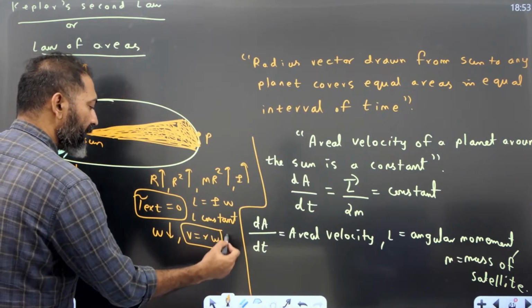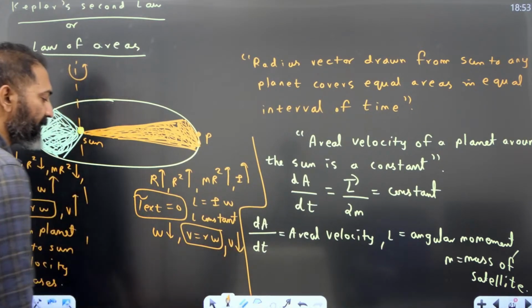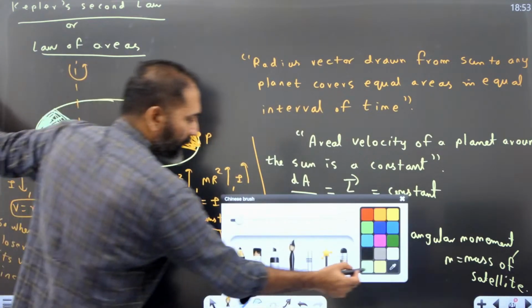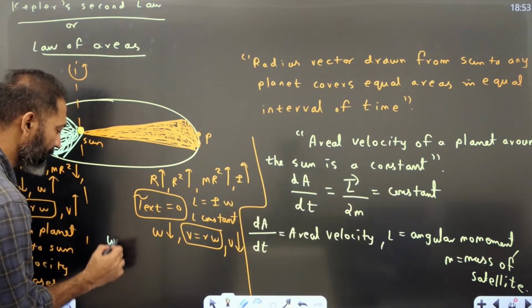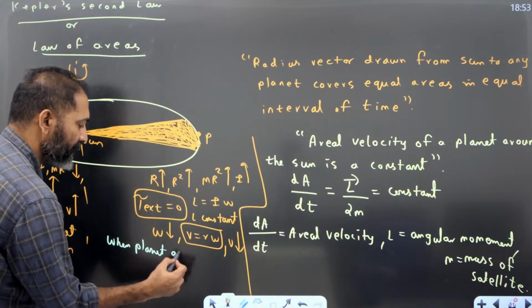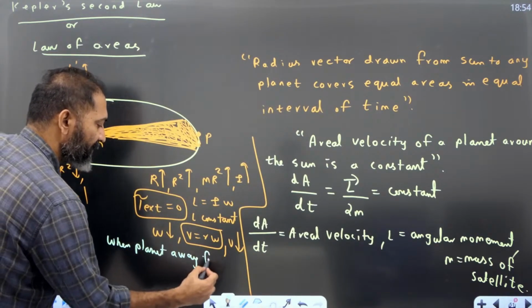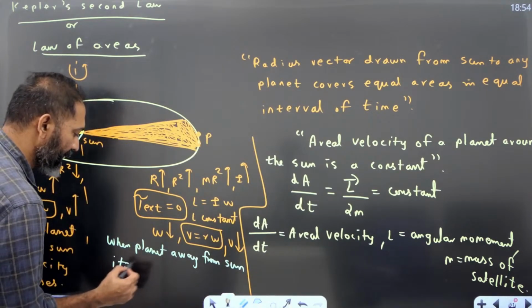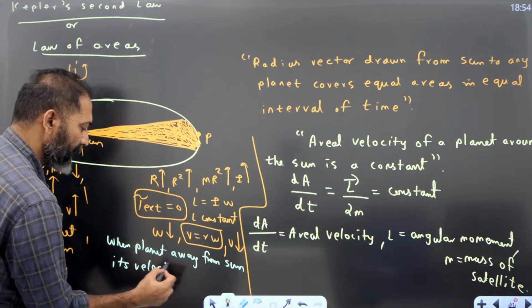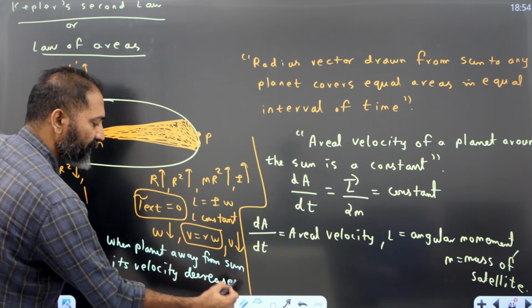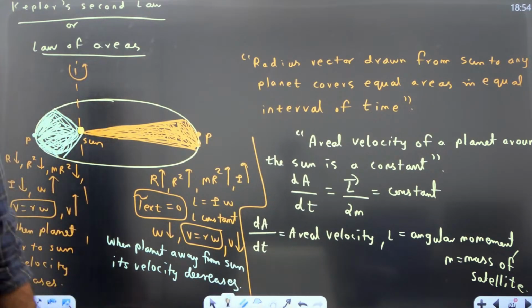When omega decreases, V also decreases. That means when the planet is away from the sun, its velocity decreases. When the planet is closer to the sun, velocity increases. When the planet is away from the sun, velocity decreases.